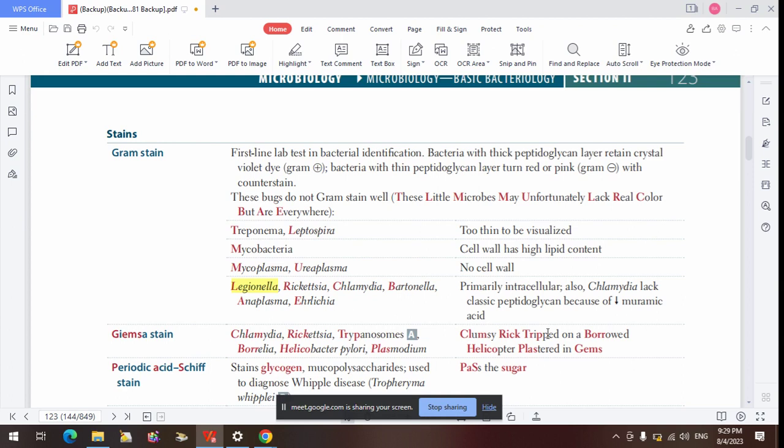Anaplasma, granulocyte. The next one, Ehrlichia, is similar to anaplasma, but instead of staying in granulocytes, Ehrlichia stays in monocytes.